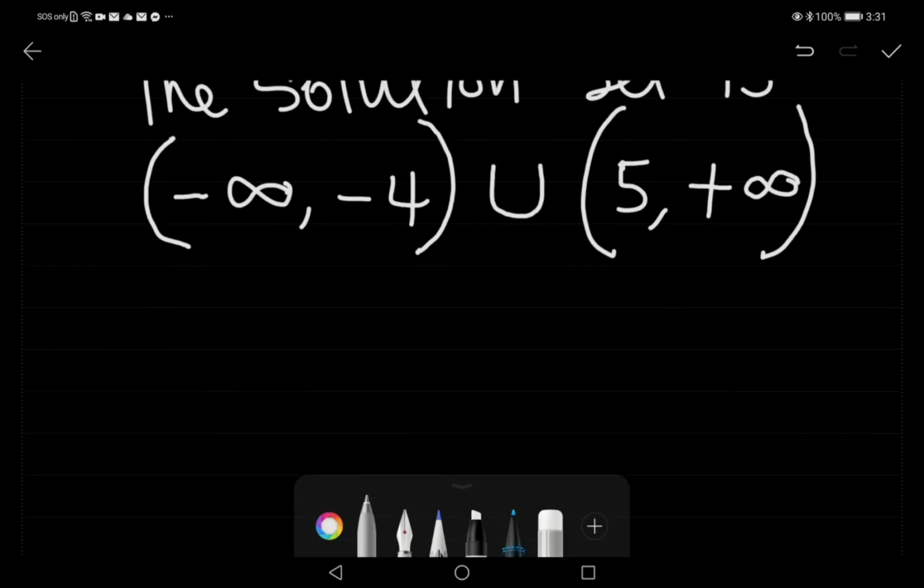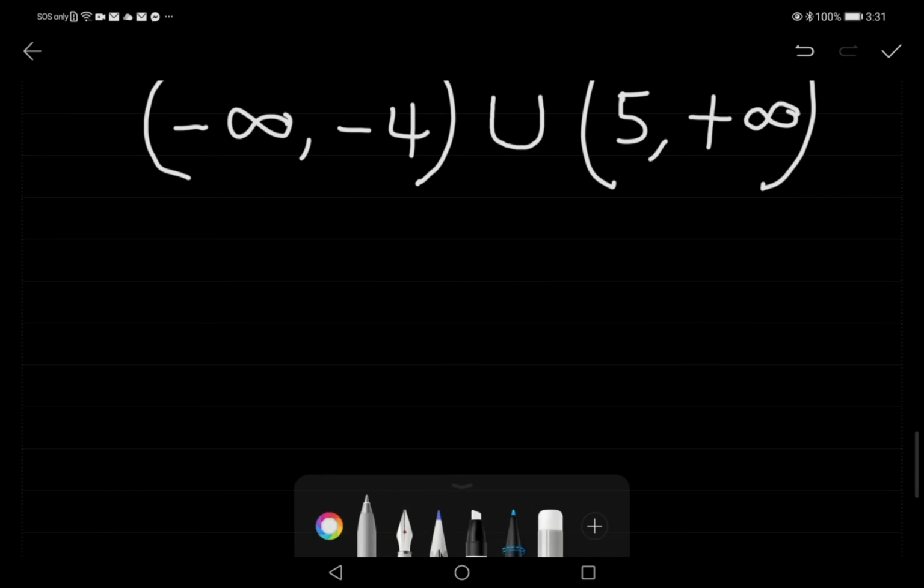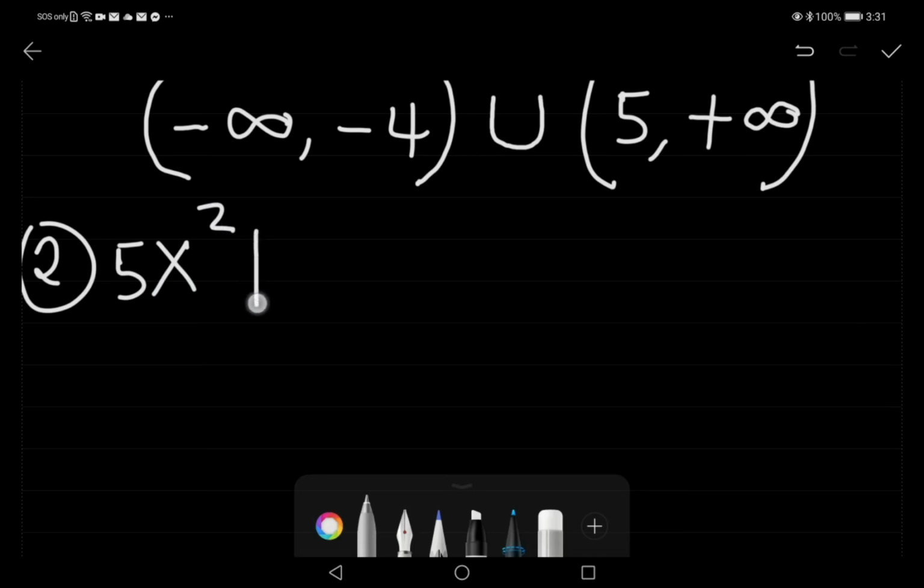Then for the second problem, we have here 5x squared plus 20x is greater than or equal to 0.